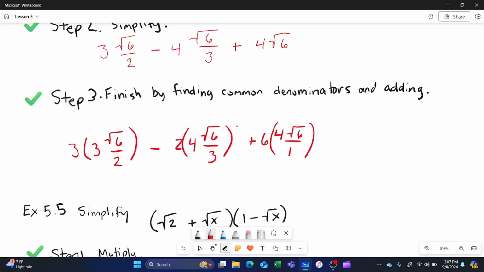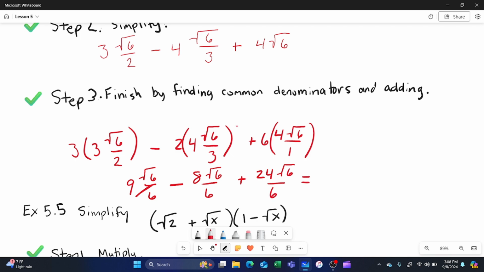All right. What's that going to give us? All right, so we're going to have 9 square roots of 6 over 6. Right? Minus, what are we going to have now? 8 square roots of 6 over 6 plus, oh, is that 24? 24 square roots of 6 over 6.